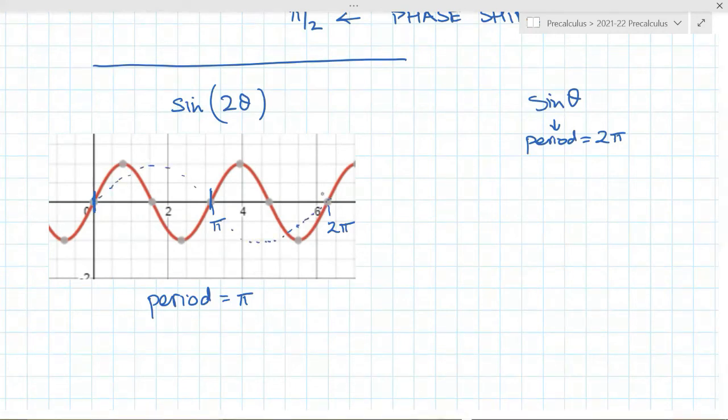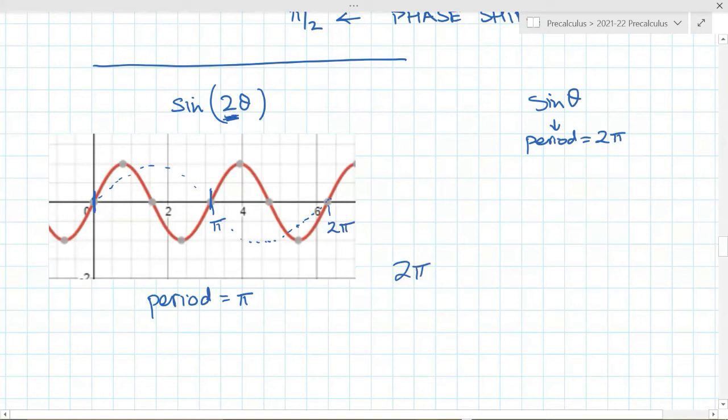It compressed 2 times because of this. Instead of a vertical stretch, where if you do 2 times it becomes double, for horizontal, if you do 2 times, it becomes half because it gets compressed. The normal period for sine theta is 2 pi.